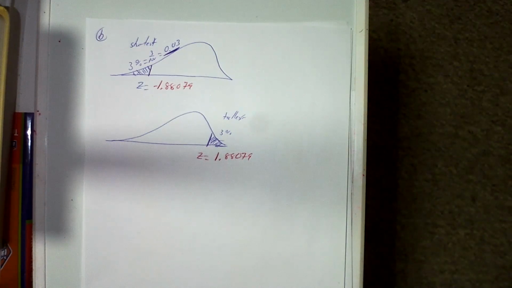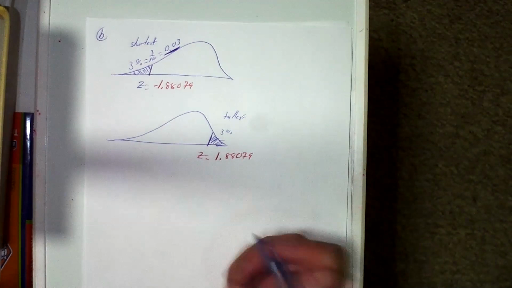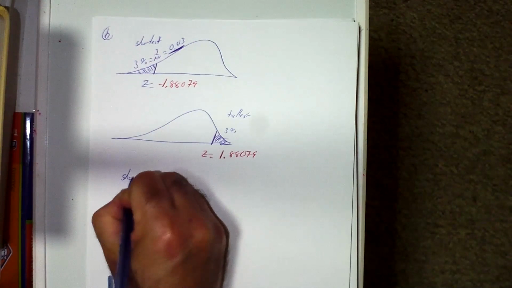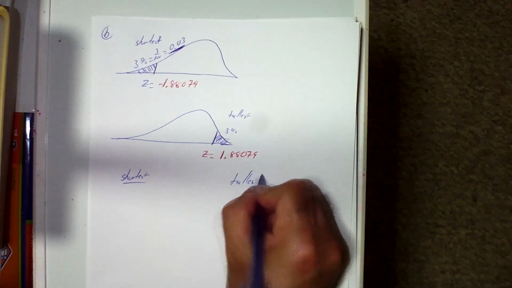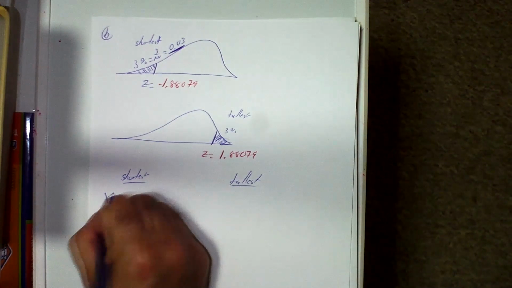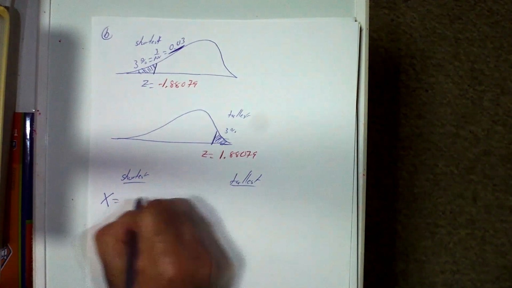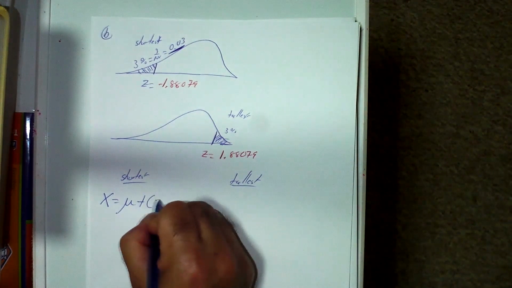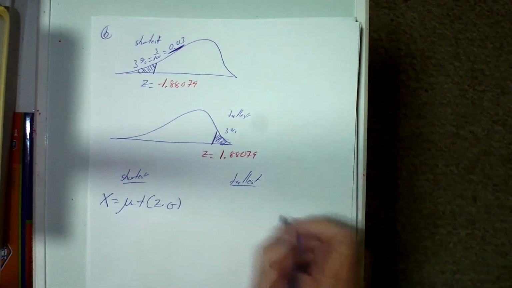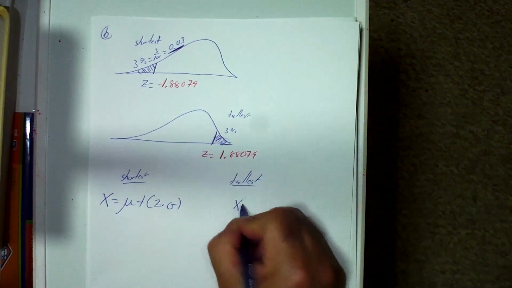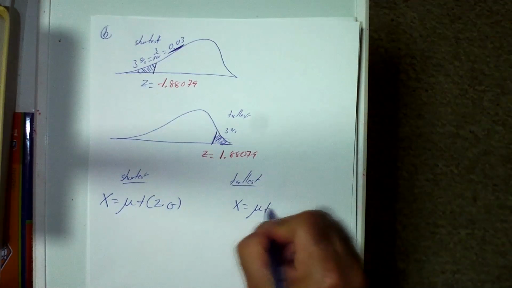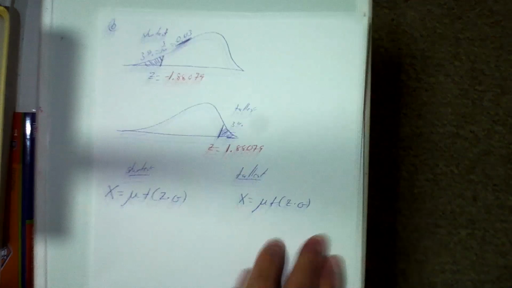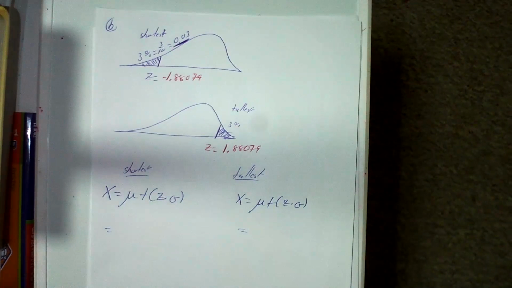You're going to do that formula for the shortest, and you're going to do it for the tallest. So we're going to do that formula, x equals mu plus z times sigma. And so we're going to plug in the numbers. I forgot what the numbers were.